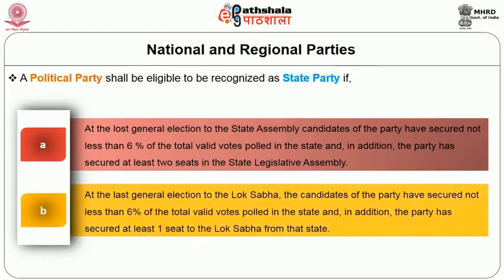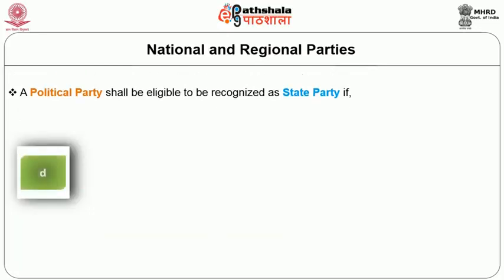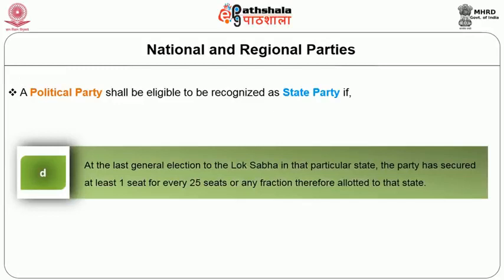Or, at the last general elections to the Lok Sabha, the candidates of the party have secured not less than 6% of total valid votes polled in the state, and in addition the party has secured at least 1 seat to the Lok Sabha from that state. Or, at the last general election to the Lok Sabha in that particular state, the party has secured at least 1 seat for every 25 seats or any fraction thereof allotted to that state.